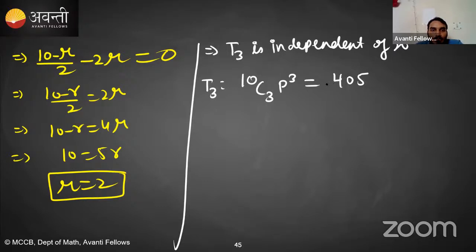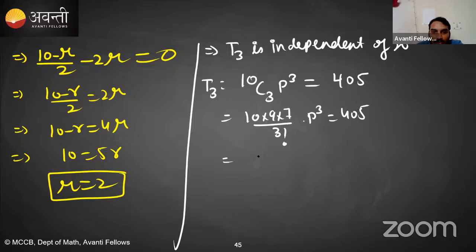Now the only unknown in this equation is p, so we can find it. Tan into 9 into 7 divided by 3 factorial into p cube is equal to 405. So tan into 9 into 7 by 6 into p cube is equal to 405.